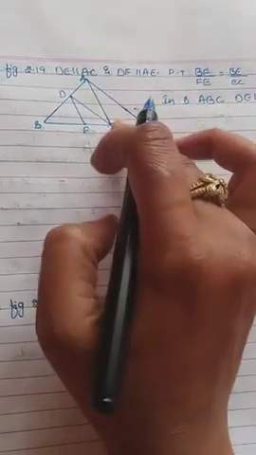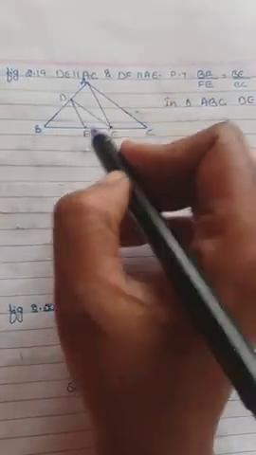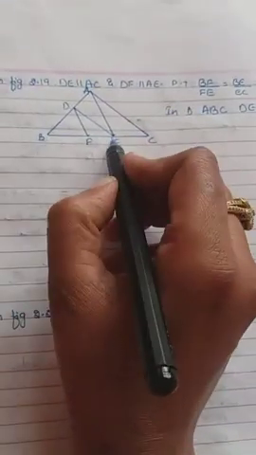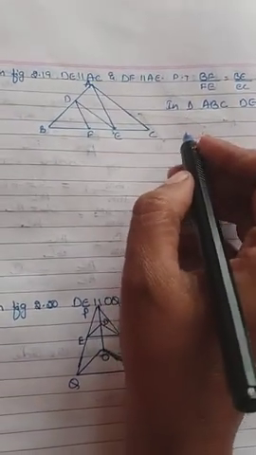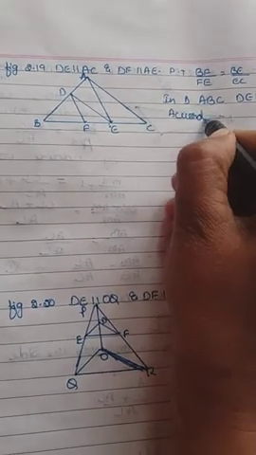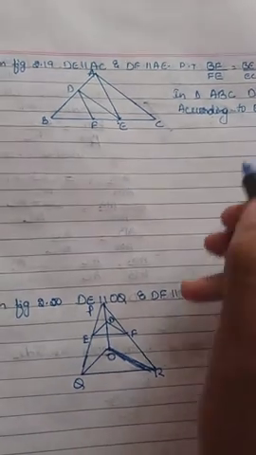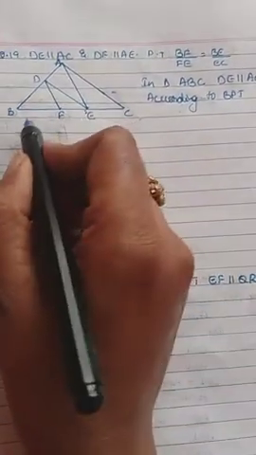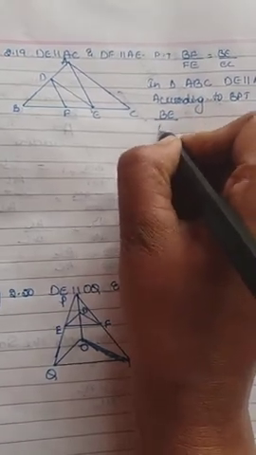So if DE is parallel to AC, we can write this as AD divided by BD, and in ABC we have taken BE divided by EC. We can write as like that. According to BPT, BPT means basic proportionality theorem. What can we write, I told you already, BE divided by EC.